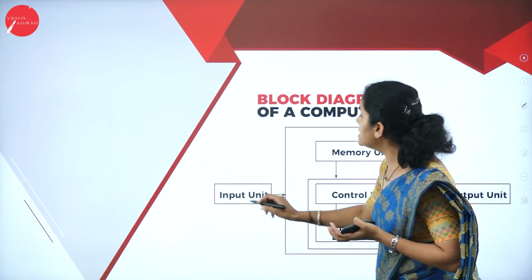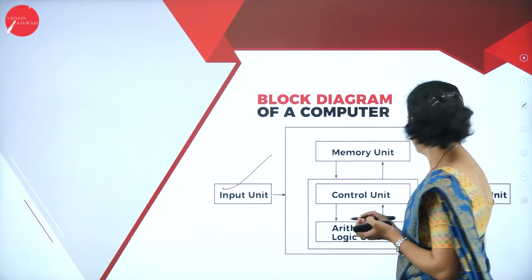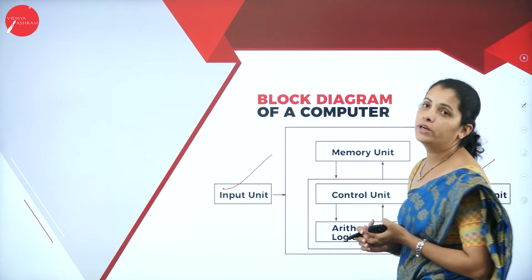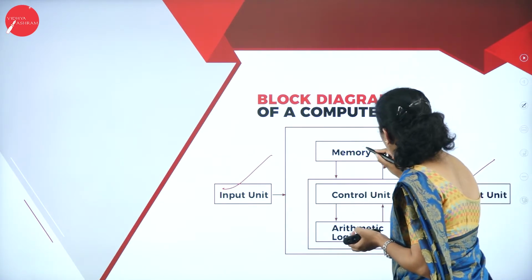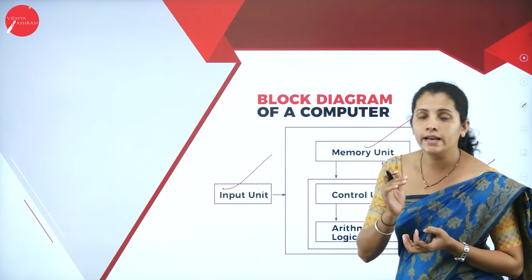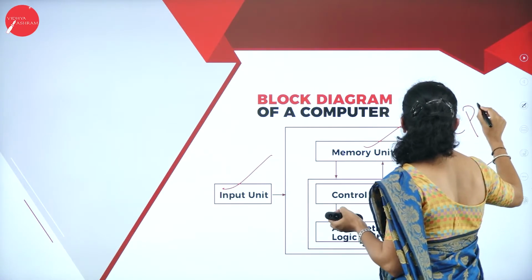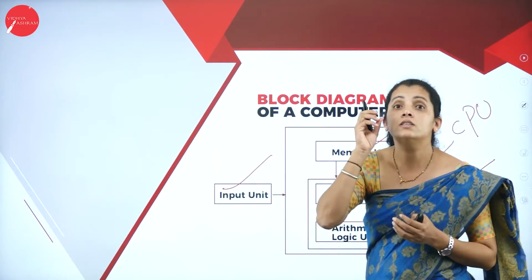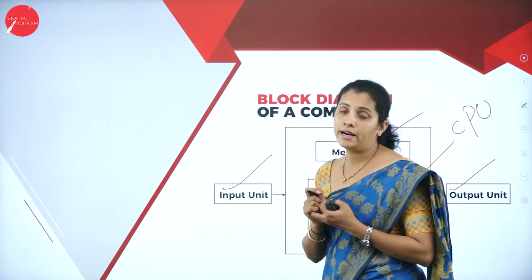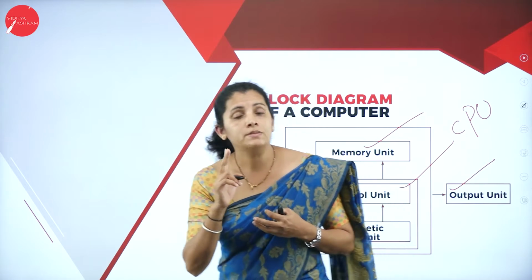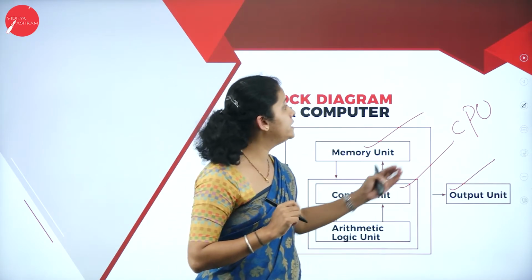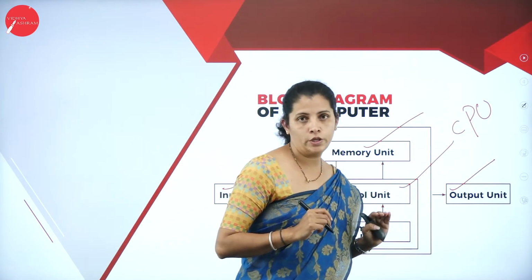So it has input unit and output unit, then memory unit, then CPU, that is central processing unit. The CPU is further classified into two types, that is arithmetic logic unit as well as control unit.